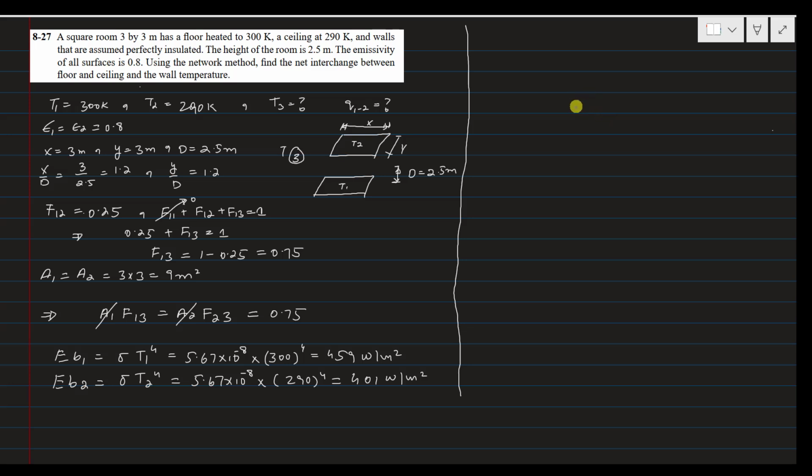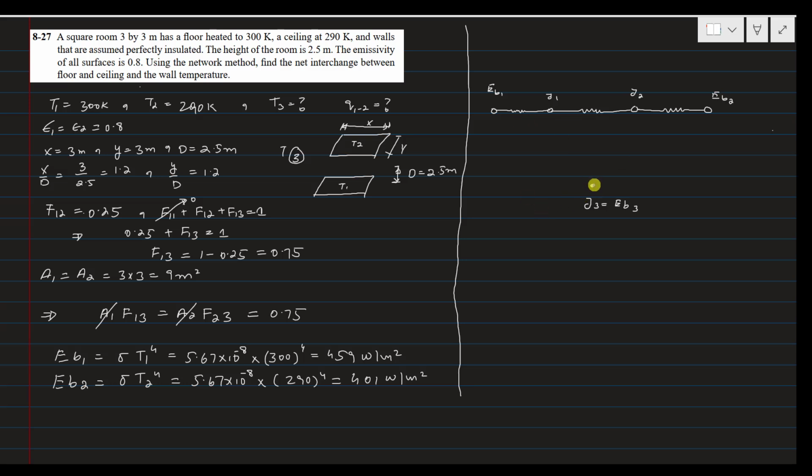First the emissive power of body 1, then its surface resistance, then its radiosity J1, then again the space resistance between the radiosity J1 and J2 of the body, and then its surface resistance of body 2, and its emissive power EB2. And this is EB1, J1, J2.